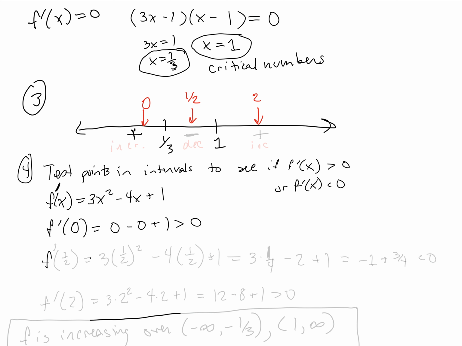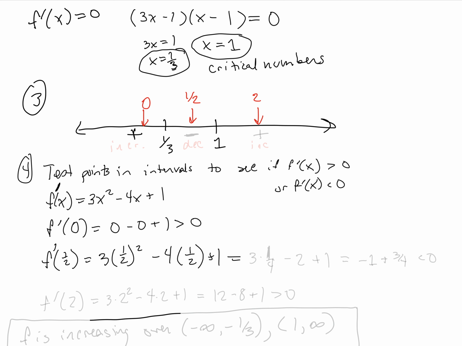What about f prime of 1/2? That is, in between 1/3 and 1, I'm plugging in f prime of 1/2. That is 3 times 1/2 squared minus 4 times 1/2 plus 1.